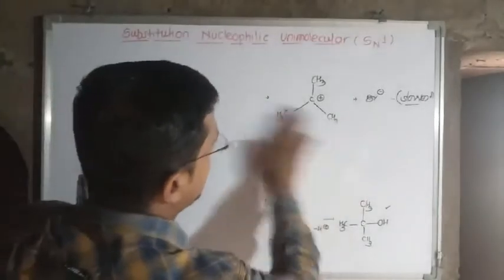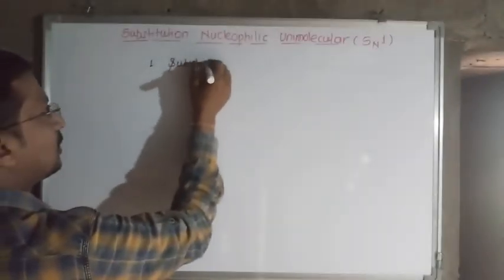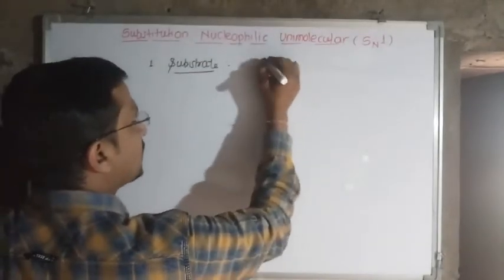Now consider first the substrate, by changing the substrate structure. In the substrate R-X, first we are going to change the alkyl part.